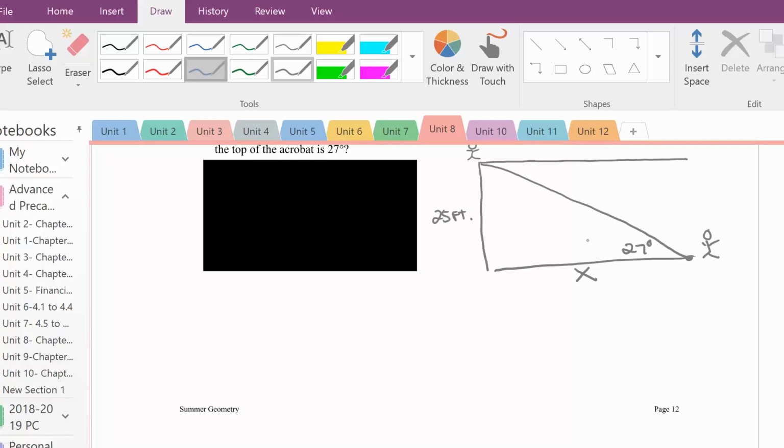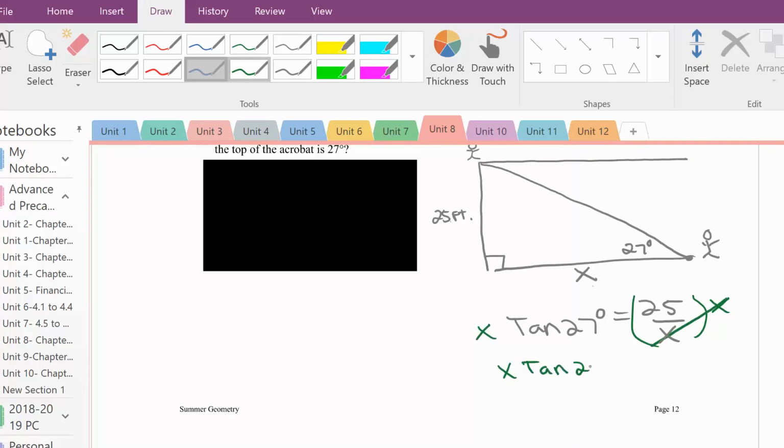So when we look at this right triangle here, we have opposite is 25 and adjacent is what we're trying to find. So that means we're going to use tangent: tangent of 27 degrees equals opposite, which is 25, over X. To solve this, we're going to multiply by X to get rid of the fraction, and then divide by tangent 27.